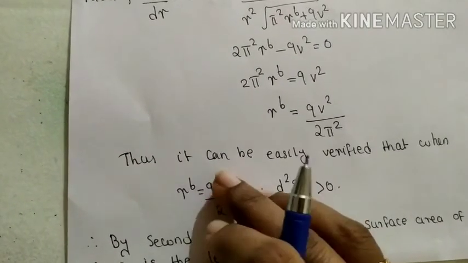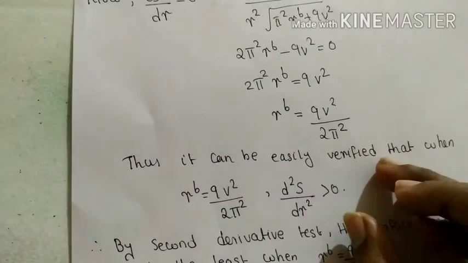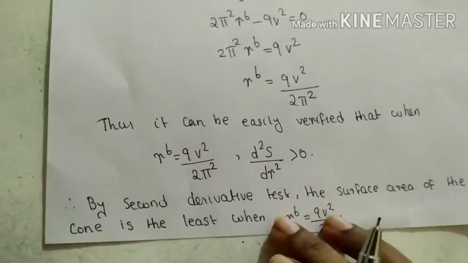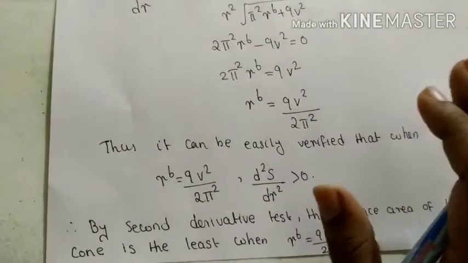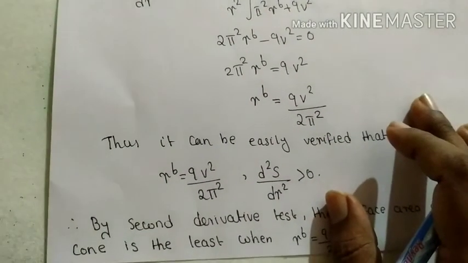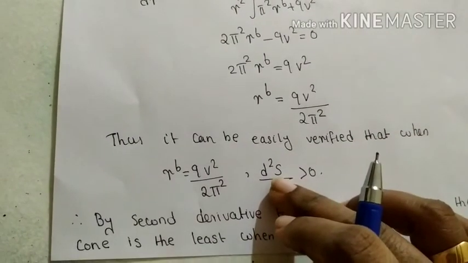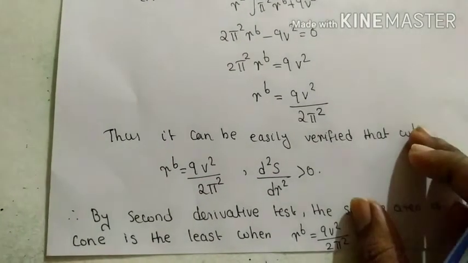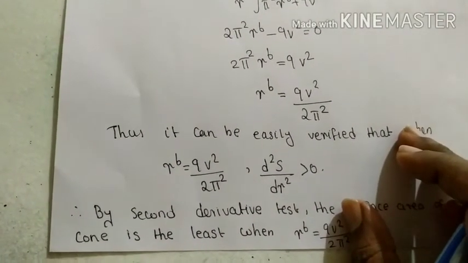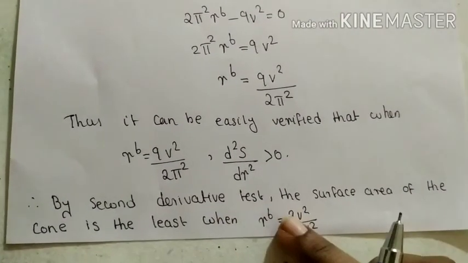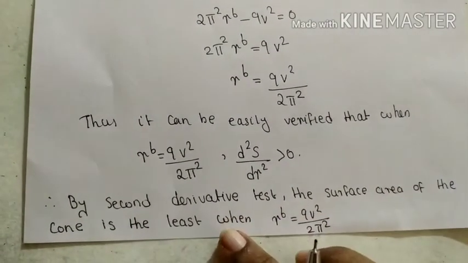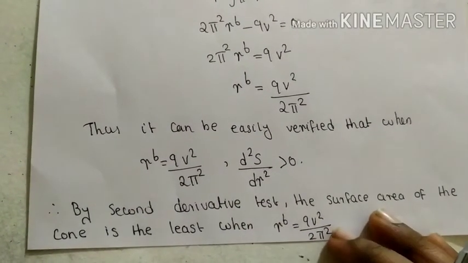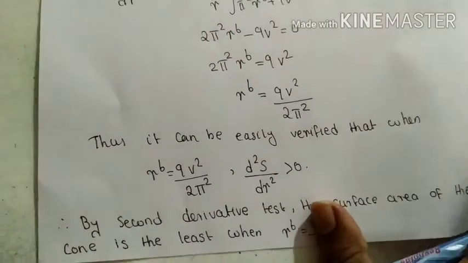At this point, the second derivative should be greater than 0. Okay, so it is given in the question. Therefore, in this question we need not find out the second derivative. So it's already given that it should be minimum. So by the second derivative test, the surface area of cone is the least when r raised to 6 equal to 9 v square by 2 pi square.